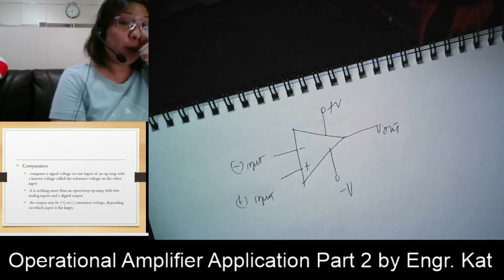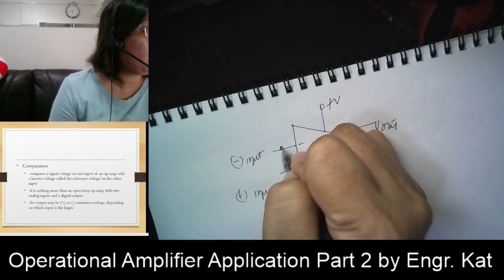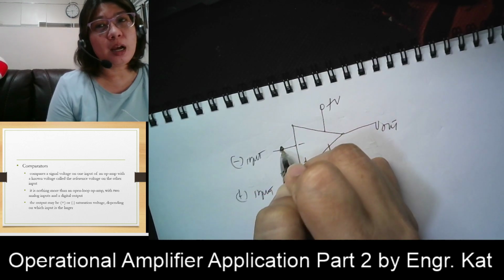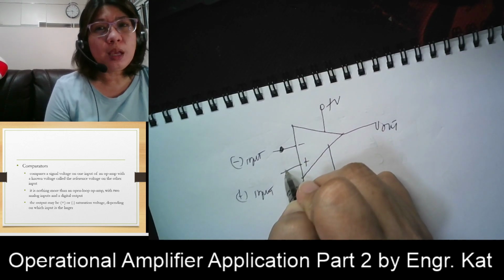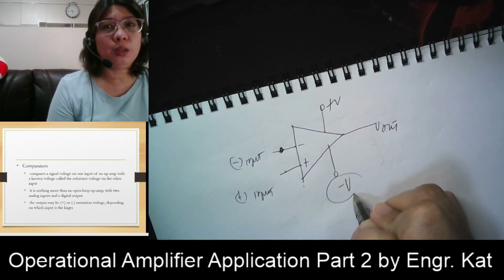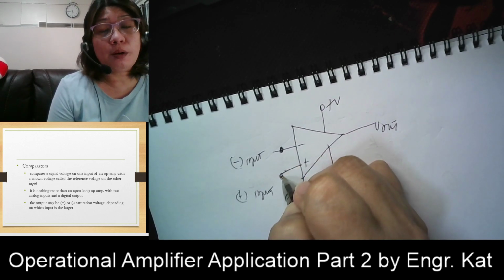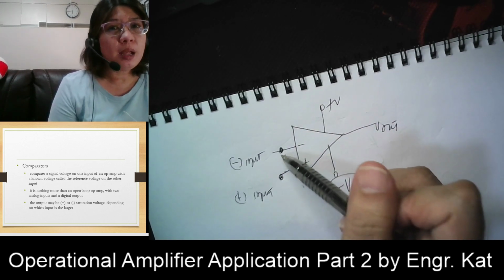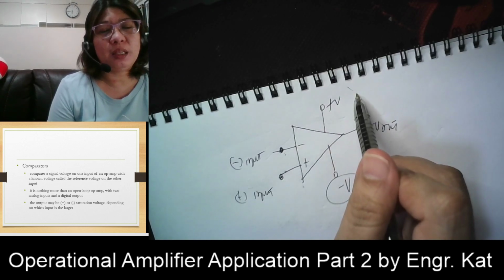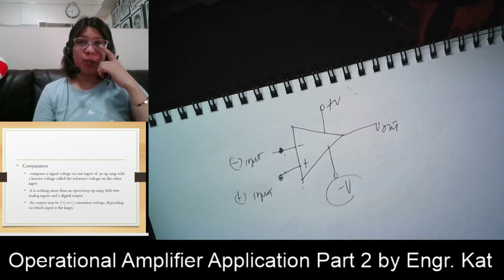It depends. When your inverting input has a greater amplitude compared to the other, we have an output which is equivalent to negative. But if your non-inverting input is of higher magnitude compared to your inverting input, therefore you have a positive output. That is how a comparator does.